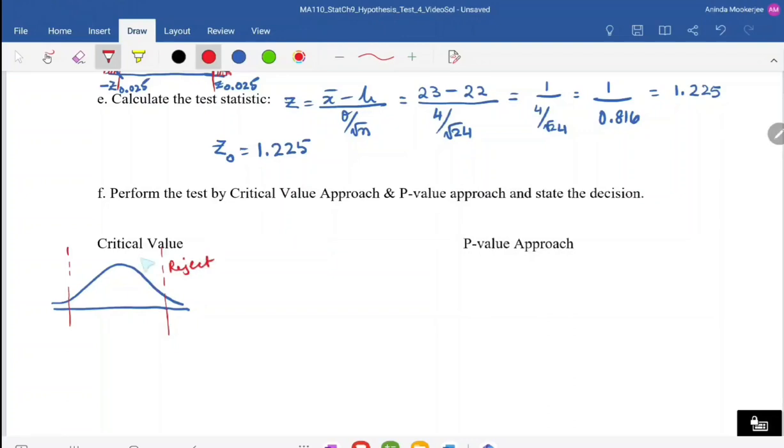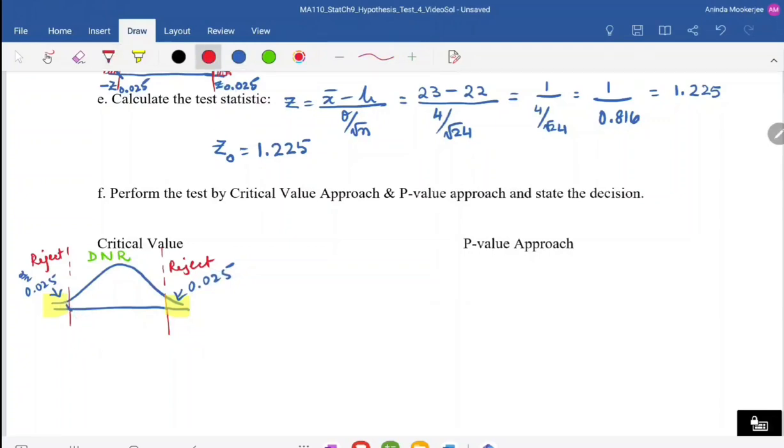Reject, reject, and do not reject at the center. And each of these areas will be alpha by 2. So this area is 0.025, alpha by 2, and the area to the right, the reject region area, is also 0.025.